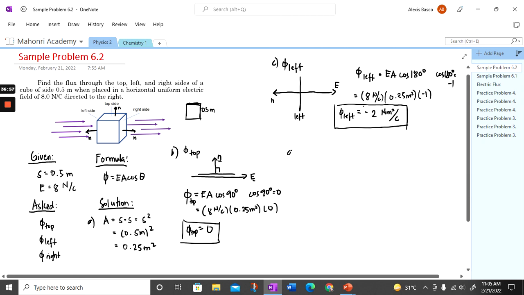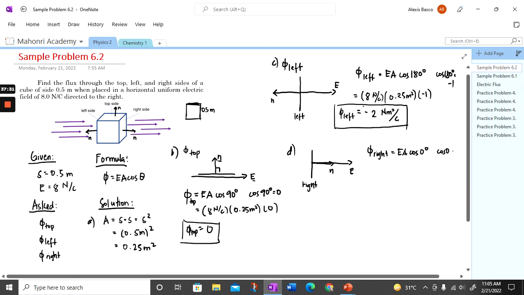Okay, and lastly, we have our right surface, and my normal should go this way, and my E should also go this way. So my surface and my E are perpendicular to each other, which makes my N and my E parallel. So the flux on the right side is equal to EA cosine 0 degrees.